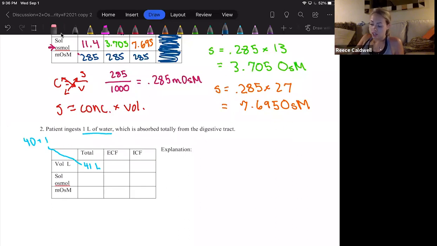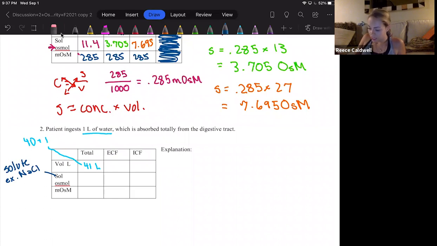If you're wondering why, you can think of solute as being, for example, table salt, sodium chloride. This is just regular water. There's no salt in it. Therefore, our solute concentration is not going to change. We did not add any sodium chloride to the body.